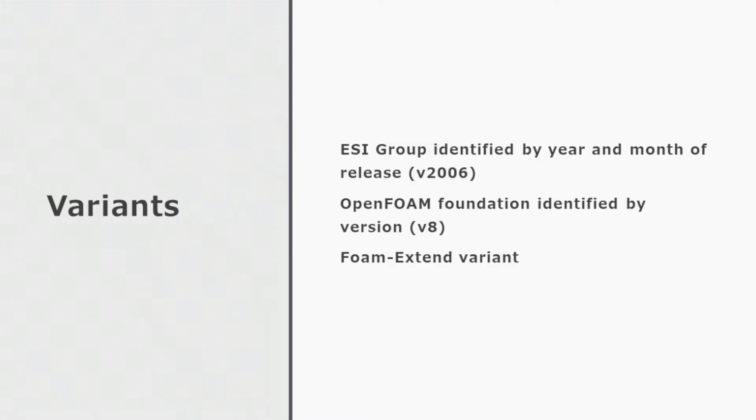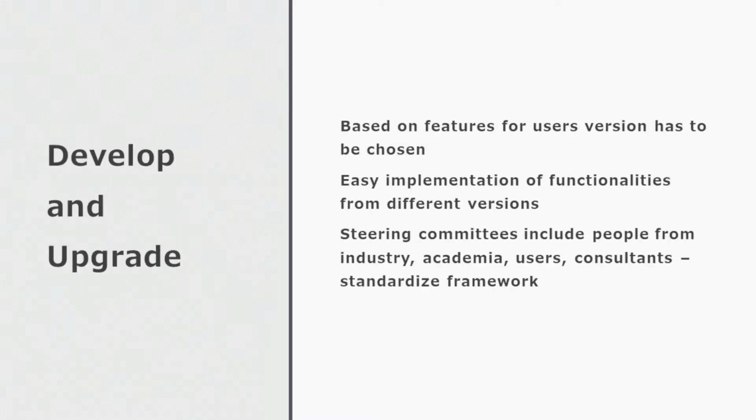The variant developed by the OpenFOAM Foundation is identified by version, for example V2.3, V4, V5 and V8. Then there is the variant FOAM Extend. Though there are no major differences in the base architecture of the program, based on the features required by the user, any version of OpenFOAM can be used.